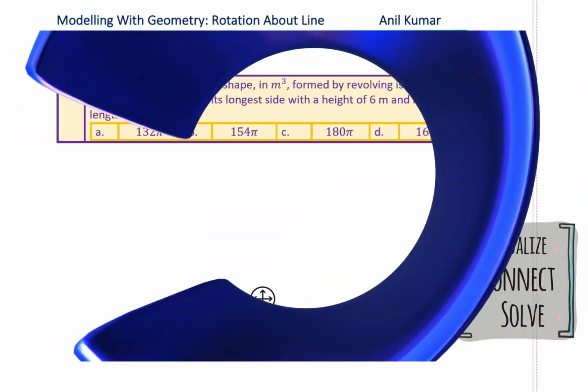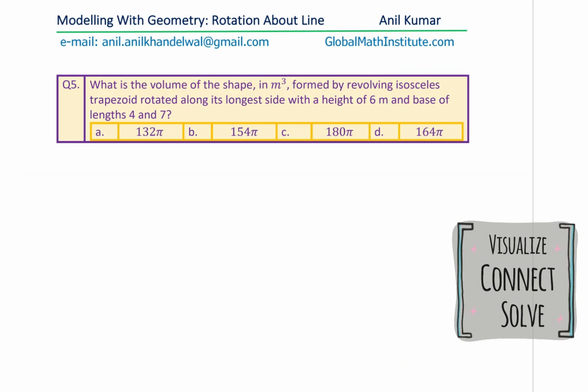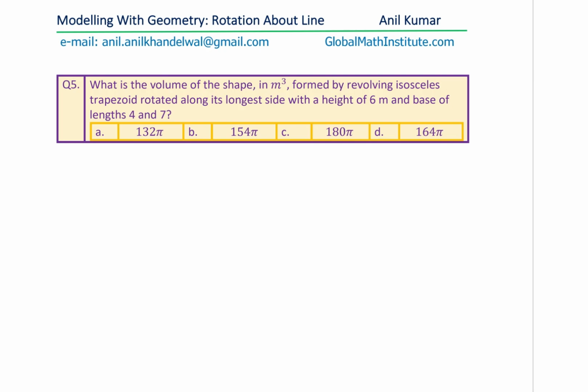Here is question number 5 for us. And this is an extremely important question from an examination point of view. What is the volume of the shape in meter cube formed by revolving an isosceles trapezoid rotated about its longest side with height 6 meters and base of lengths 4 and 7?